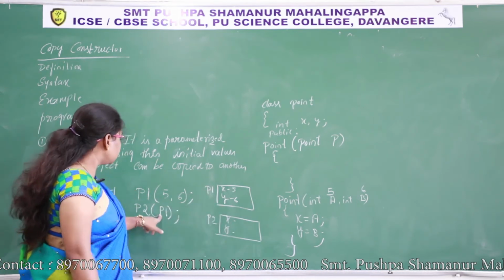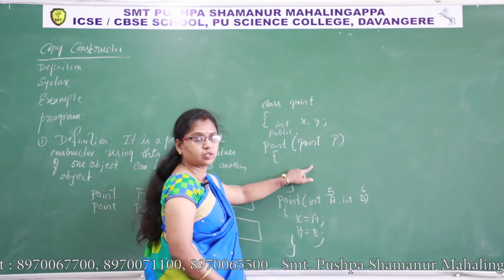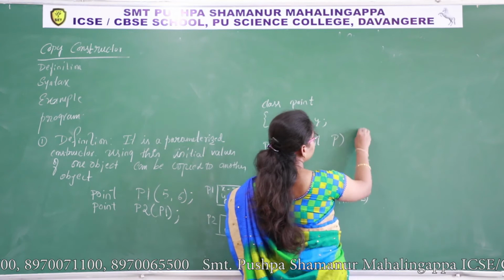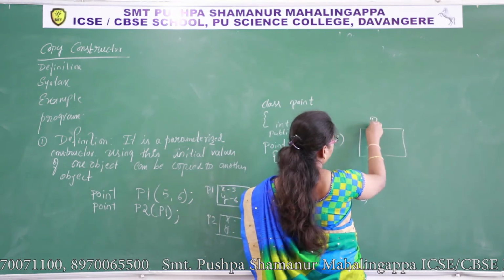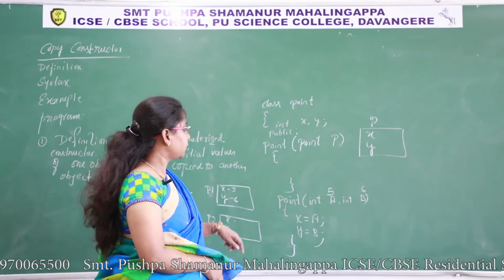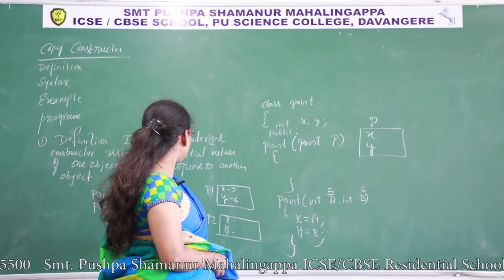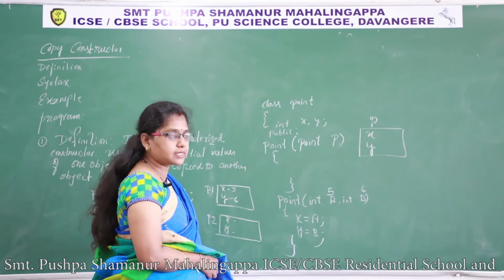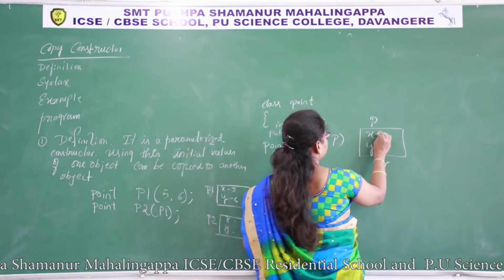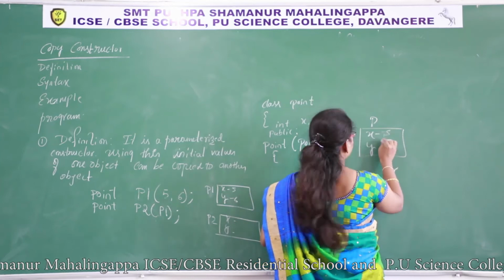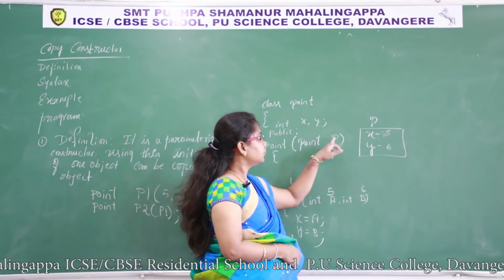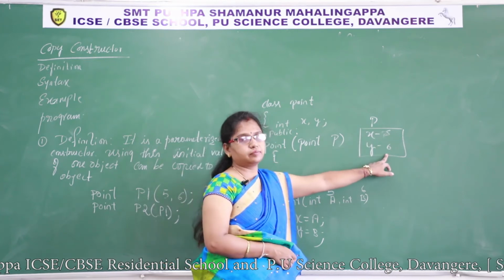So P1 is copied to P. What is there in P1? P1's x and y. P also is Point type, no? Here also there is a memory allocation for P, with x and y data members. Which object are you passing? P1 object you are passing here. So P1's x and y go to P. What is the value of x? 5. Here 6. So P gets the values 5 and 6.